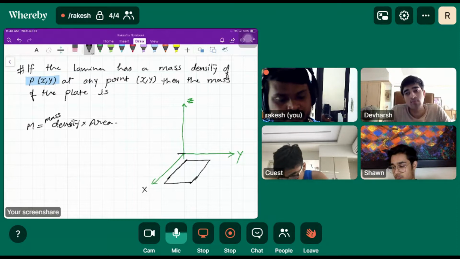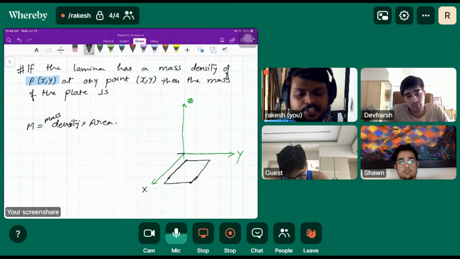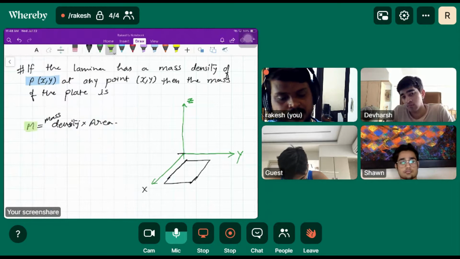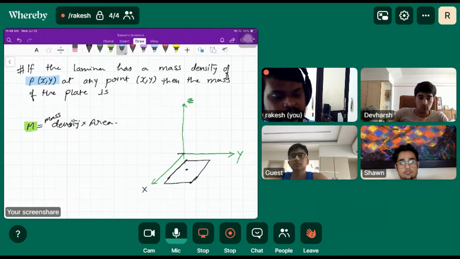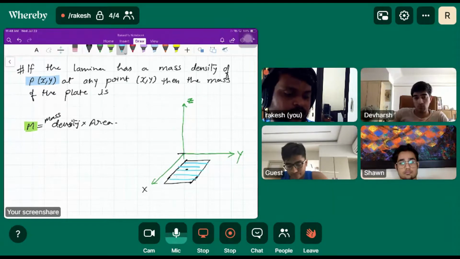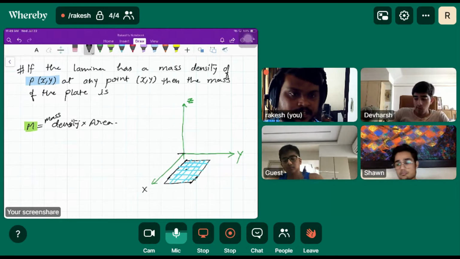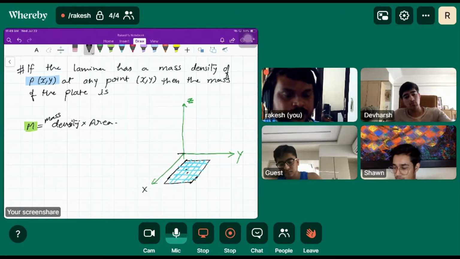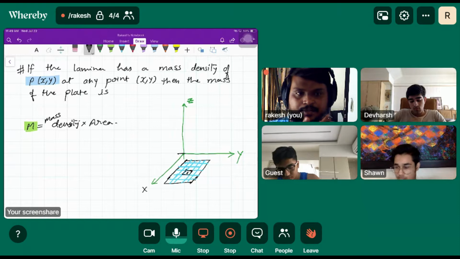So what we are finding out here is that we can apply double integration to figure out the mass of this plate. Okay, how? Let's understand that. See what we generally do, we divide this into n rectangles, right? And we can choose any rectangle and take a point inside it to find out the height, basically.